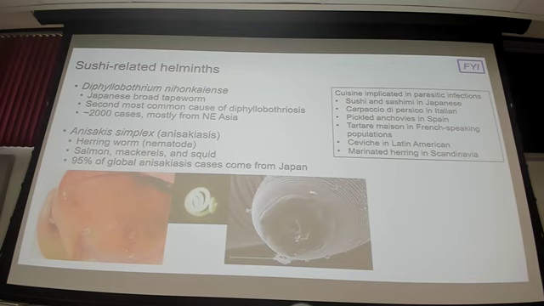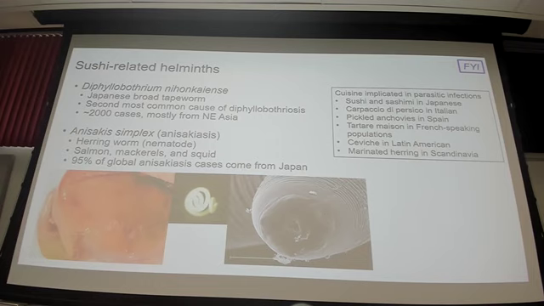Carpaccio, pickled anchovies, steak tartare in French, ceviche, marinated herring. A bunch of cultures will have raw fish in their cuisine. So be aware that all of those could potentially be sources for parasitic diseases if they're not prepared properly.